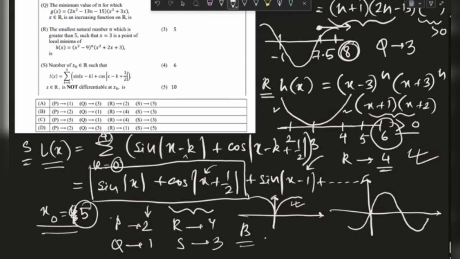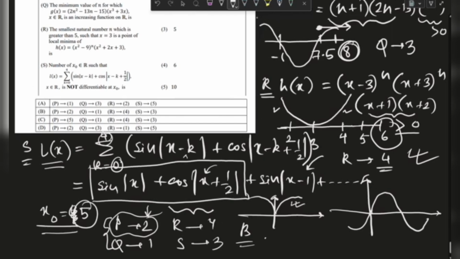But P is 2 repeated, so you have to find this. And amongst Q and R, if you find any one, you can go for R if it seems simple, or even Q. Then you can eliminate solving any two options and you will get the answer immediately.